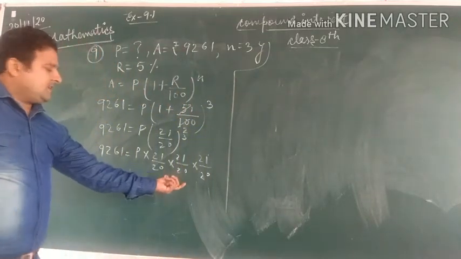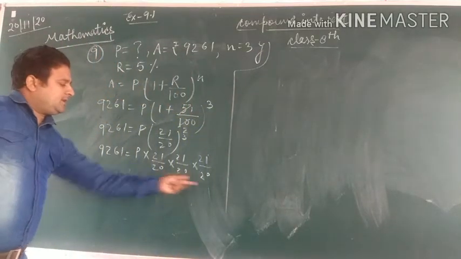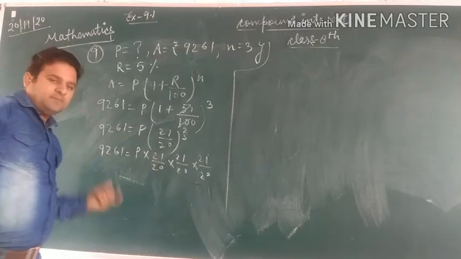Now we shall do the cross multiplication. All 20s will go outside and all 21s will go downside.